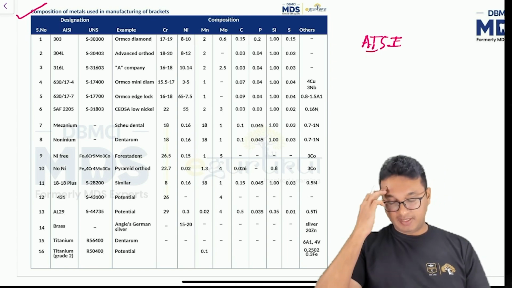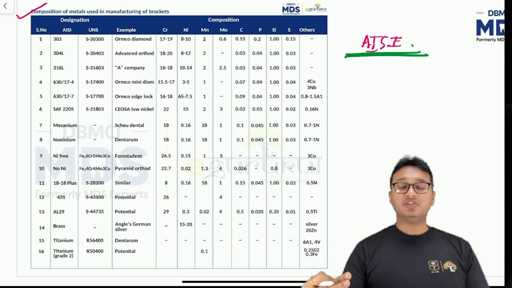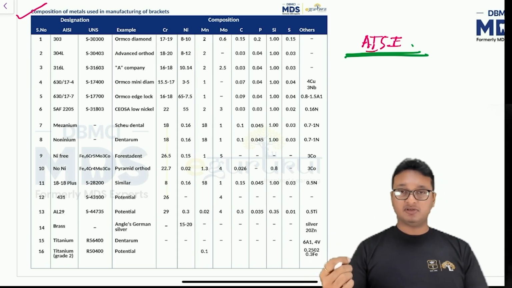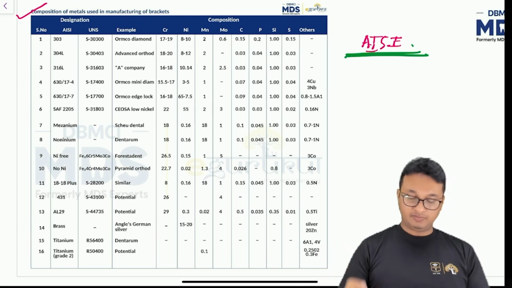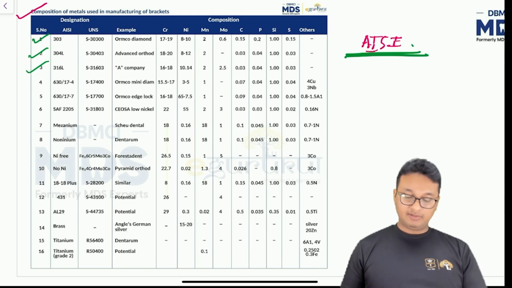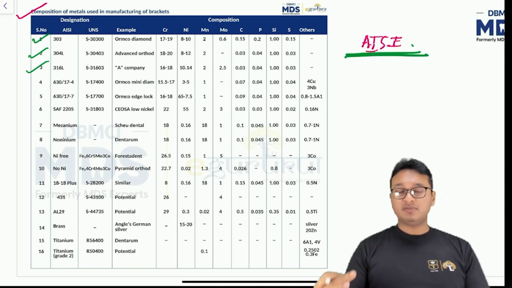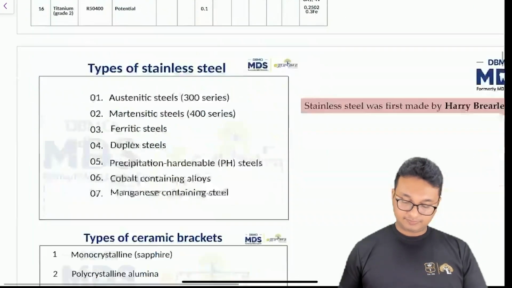I am not remembering the other full form of I. So, based on the composition, based on the other characteristic features of that stainless steel, those stainless steels are numbered according to the AISI specification as 303, 304, 316, and so on. And based on the different composition, based on different desirable properties, the metallic brackets are made using these series of stainless steel.